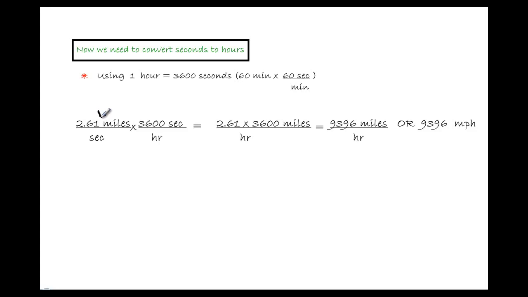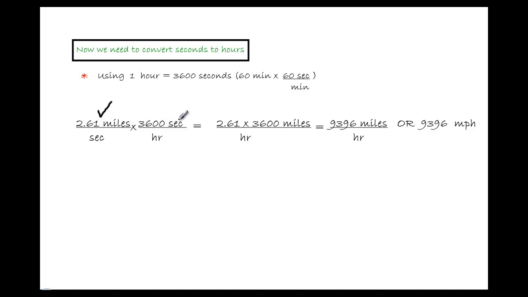Now, we have 2.61 miles per second, and we want to get the seconds changed to hours. So I have to convert from seconds to hours. If we use 1 hour is equal to 3,600 seconds, I think everybody knows that 1 hour is 60 minutes times 60 seconds per minute gives us a total of 3,600 seconds.